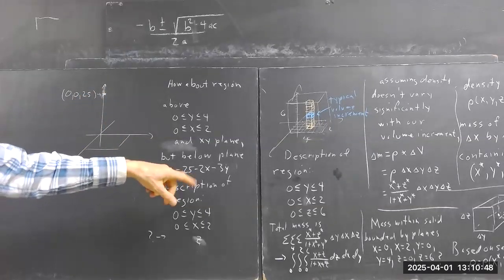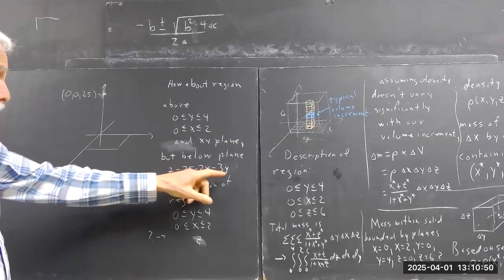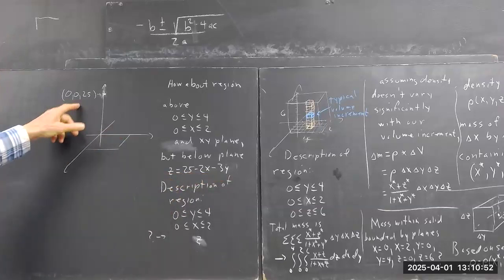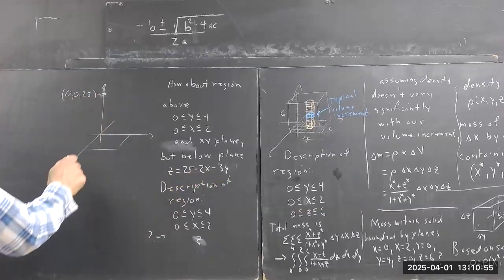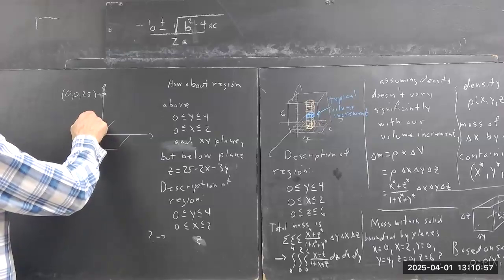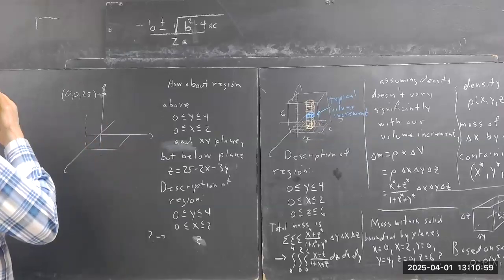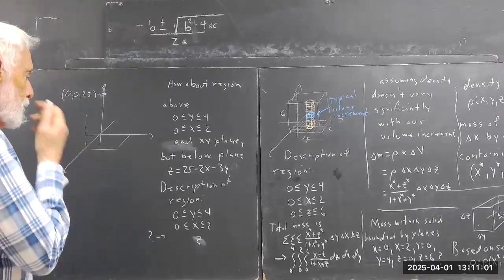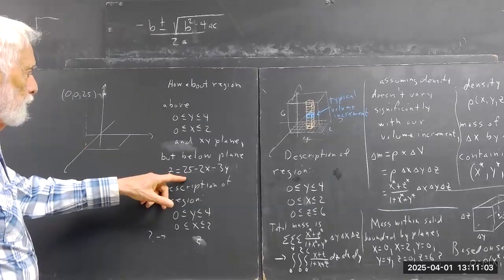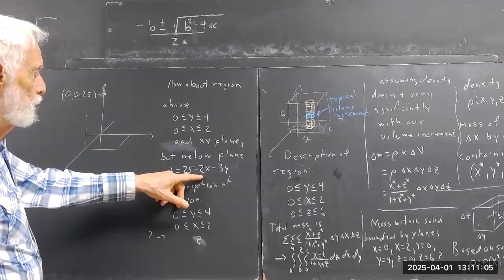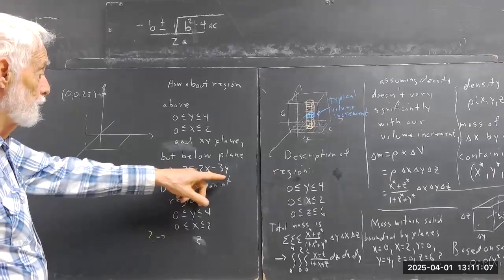Isn't that point clearly on this plane? If x and y are 0, then z equals 25. So that's the point 0, 0, 25. Okay, now above this point, we're going to go up to z equals 25 minus 2x. Y is still 0.